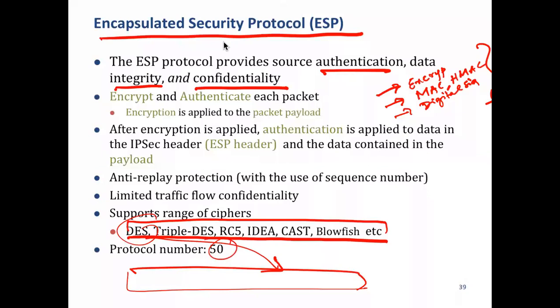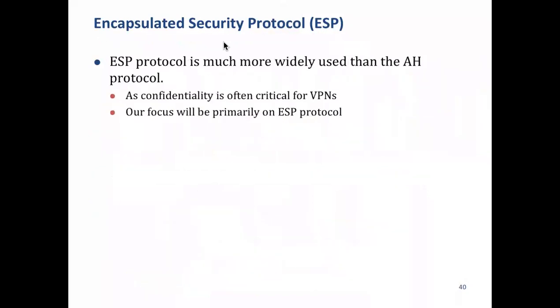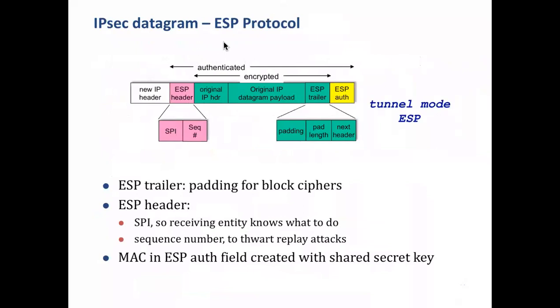Now the moment a router sees protocol number 50, it has to handle it differently. So now we'll look at that. This is the ESP protocol, an encapsulating kind of protocol. Note that this is the original IP header, this is the original datagram packet.